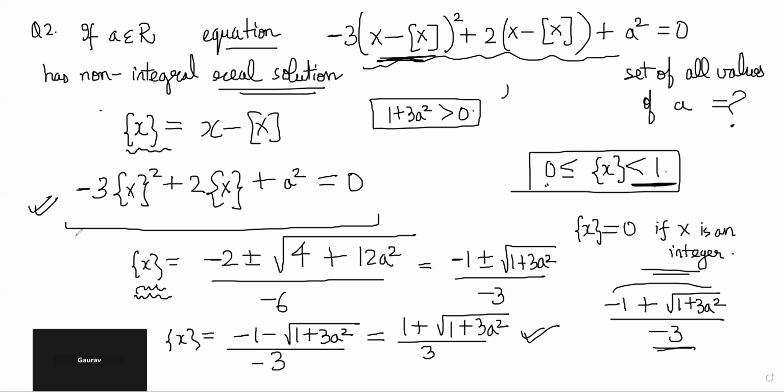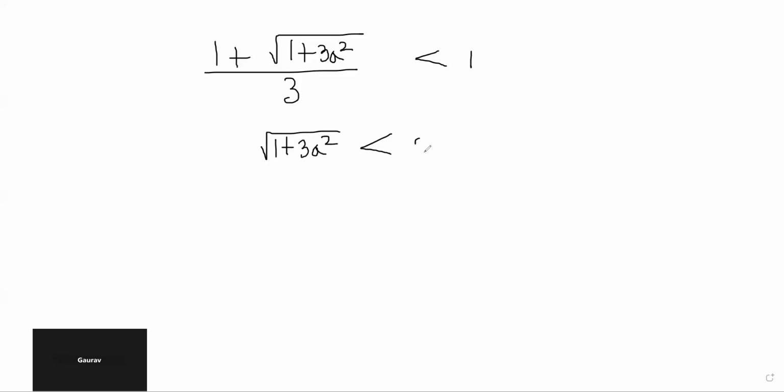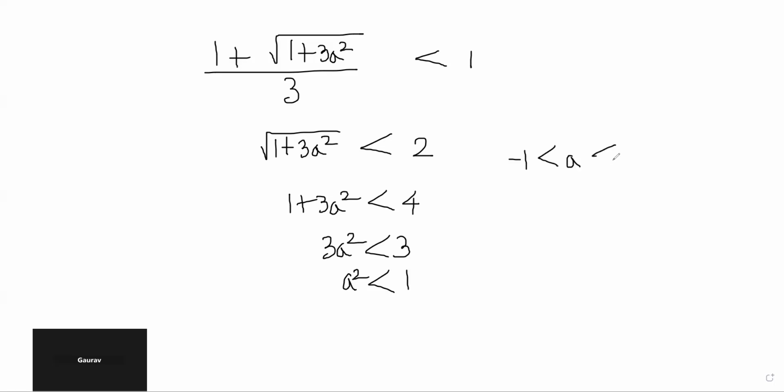So we will say 1 plus root over 1 plus 3a square by 3 is less than 1. So we're getting root over 1 plus 3a square is less than 2. So 1 plus 3a square is less than 4, and 3a square is less than 3. A square is less than 1, and a is between minus 1 and 1.